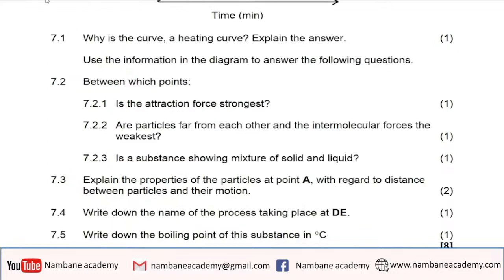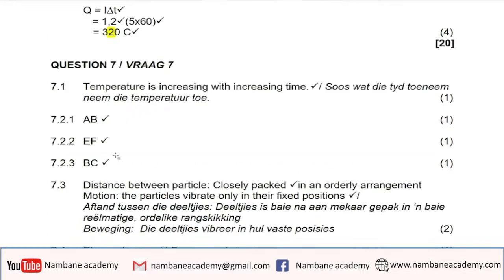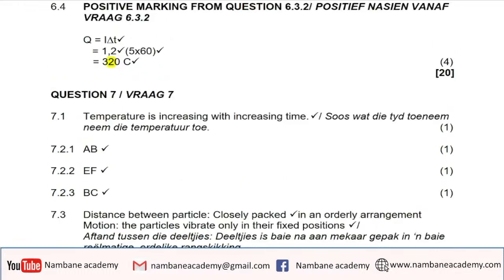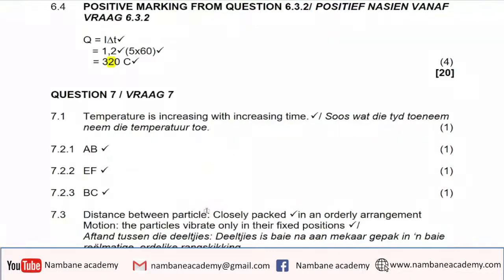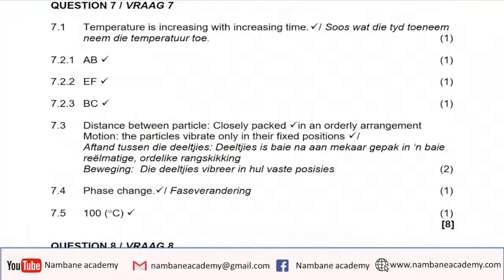And then number 2, where are the particles far from each other and the intermolecular forces the weakest? Now it is going to be between E and F. And then the next one, between which points is the substance showing a mixture of solid and liquid? According to that one, it is going to be B and C, 1 mark for each of those.